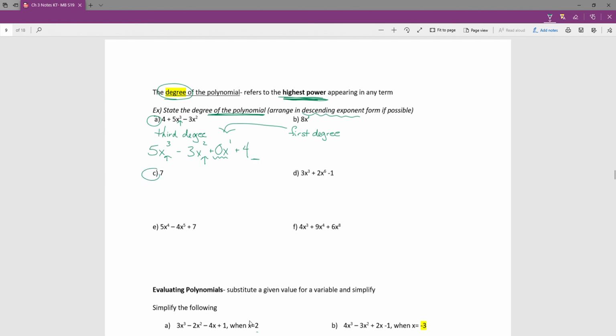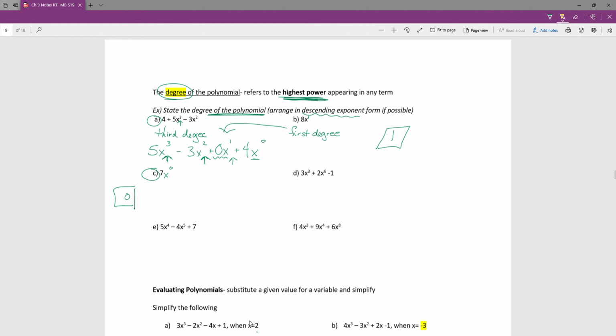But this then brings us on to the last thing. So take a look at C here. Remember how I said that 1s and 0s are tricky things? If I were to take a look at the example in C, 7 has a whole lot of invisible things going on. If we remember back to our exponent laws, it could be to the 0 degree. Anything to the 0 is 1. If we were again to go back to that first example and step down one step at a time, so 3rd, 2nd, 1st, 0, all of this is invisible.